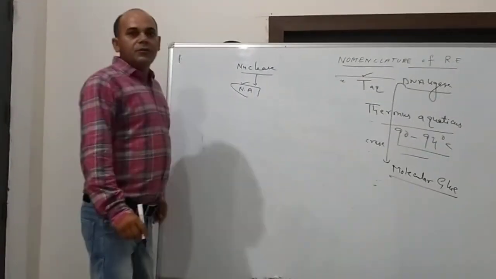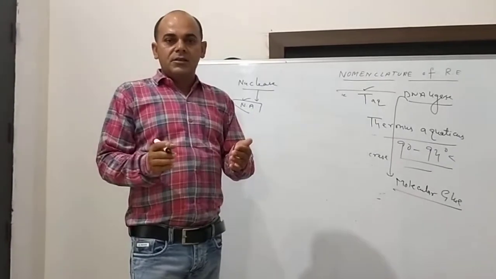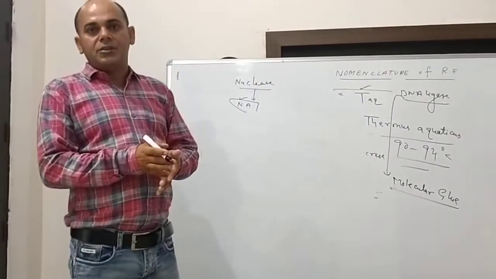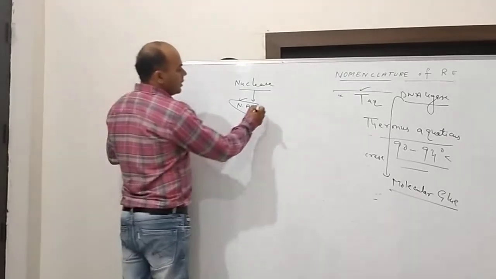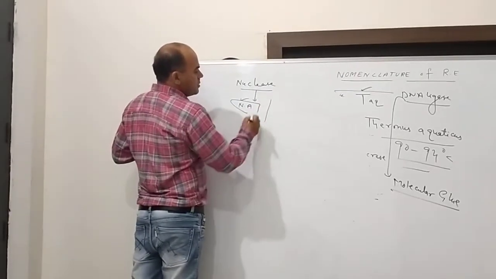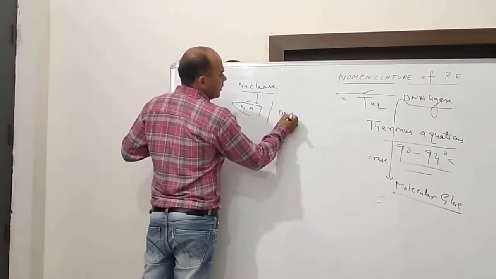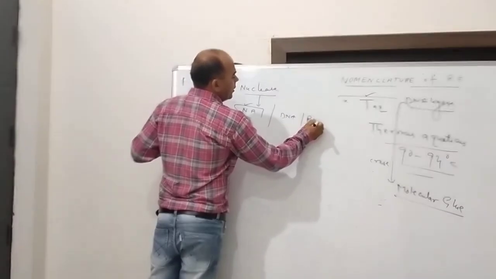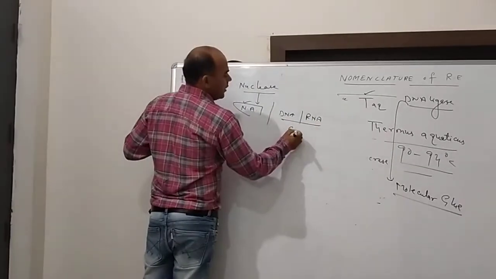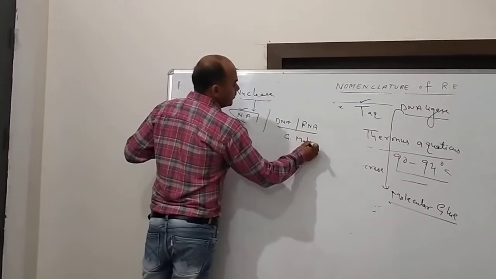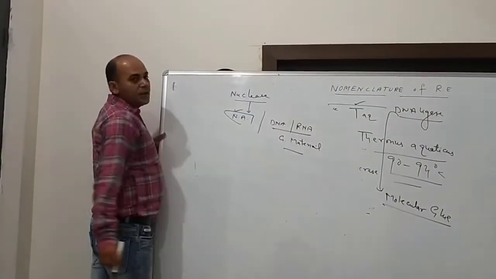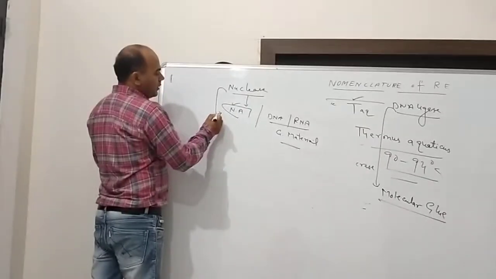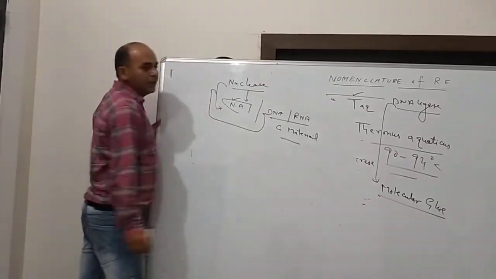Any substance found in the cell nucleus which is acidic in nature is called nucleic acid. In simple words, nucleic acid is of two types, DNA as well as RNA, and both are known as genetic material. The major role of these enzymes is to work on nucleic acid, on DNA.